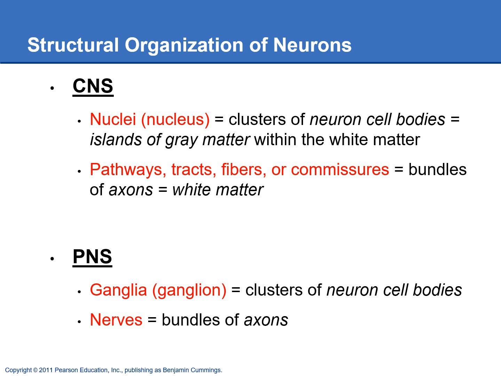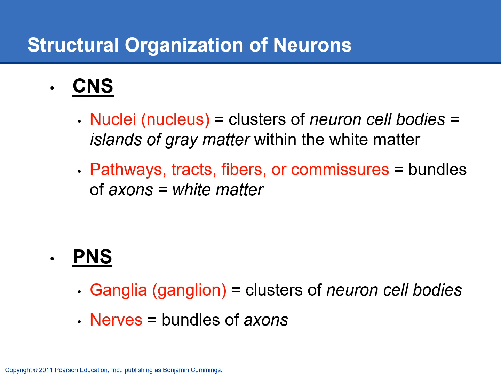These are called nuclei, and that would be the plural; the singular would be a nucleus. And then a bundle of axons, which are going to be myelinated, would be white matter. They can be called pathways, tracts, fibers, or commissures.